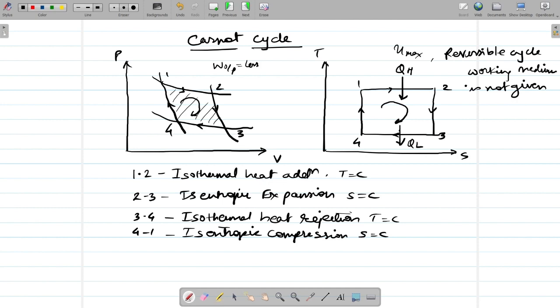So how will this be possible? This is totally a hypothetical cycle, also called a theoretical cycle. Actually, it is not possible. It is a theoretical, hypothetical cycle, which gives the maximum efficiency.